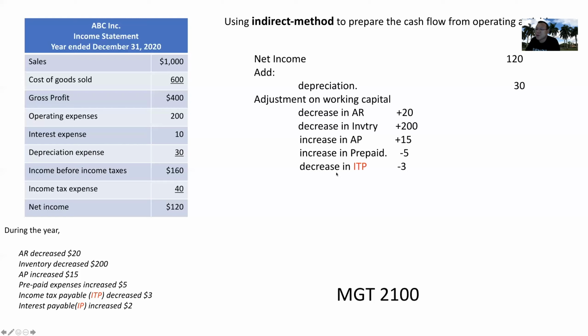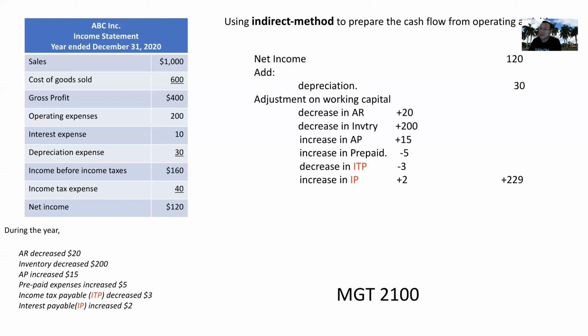So you are using cash to settle the liability. Income tax payable is a current liability. If that balance decreased, that means you are using cash to settle this liability. So the cash balance decreased by $3. Interest payable increased by $2. So your liability increased.